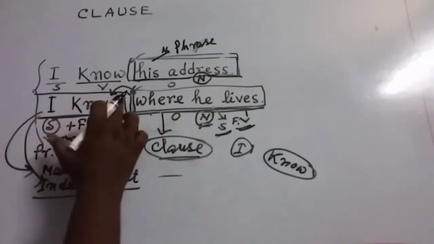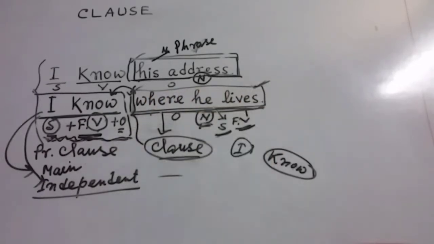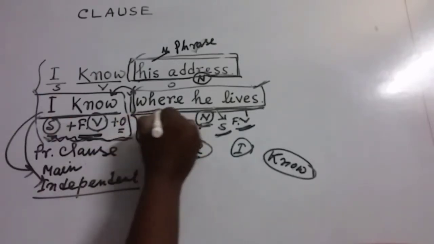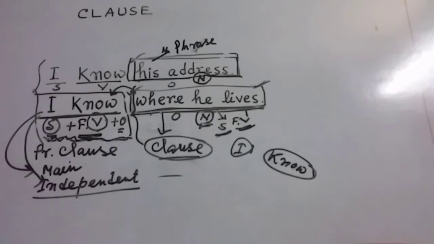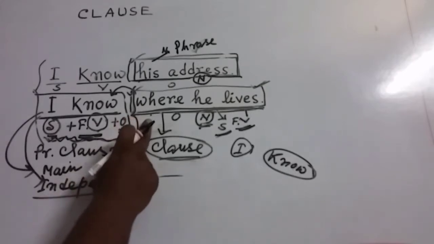But if we do not take the help of this part, the meaning of this part is not clear to us. Even though these have subjects and verbs, they cannot convey the particular meaning.